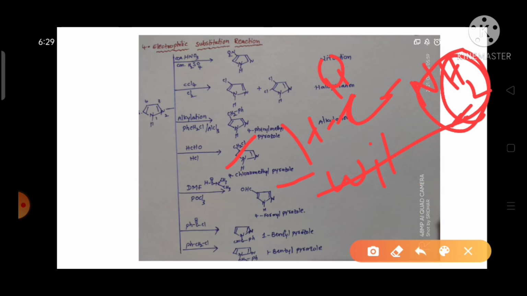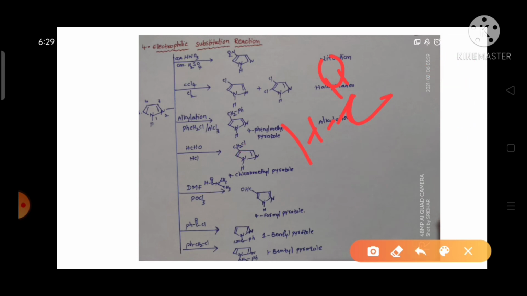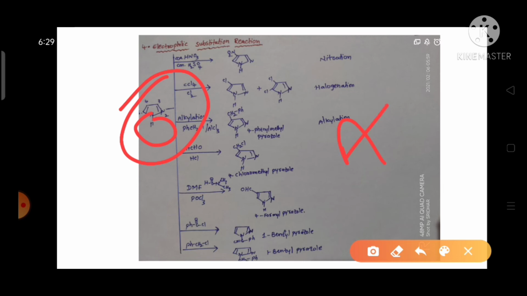And the last two reactions show the acidic nature of pyrazole. The hydrogen present on the nitrogen can be easily removed, so that's why pyrazole acts as an acid also. So this shows acidic properties in a similar way to pyrrole. Pyrrole also shows some acidic properties.